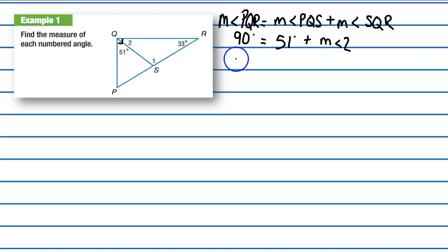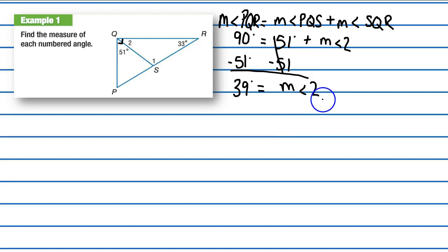So let's replace that. We're trying to solve for the measure of angle 2, so I need to subtract 51 from both sides. So 90 minus 51 is 39 degrees, which is equal to the measure of angle 2.